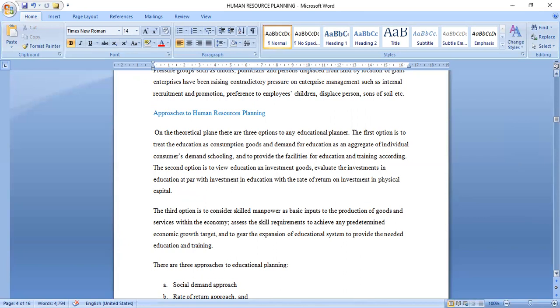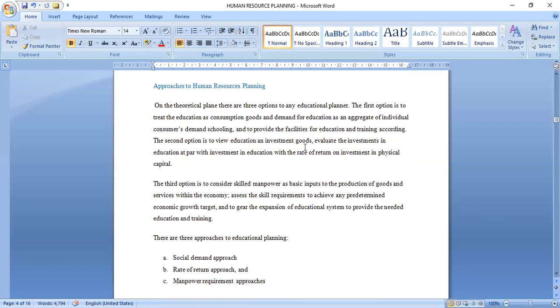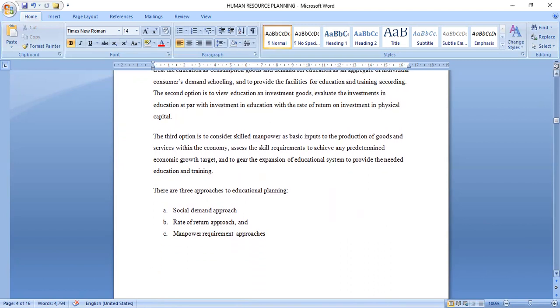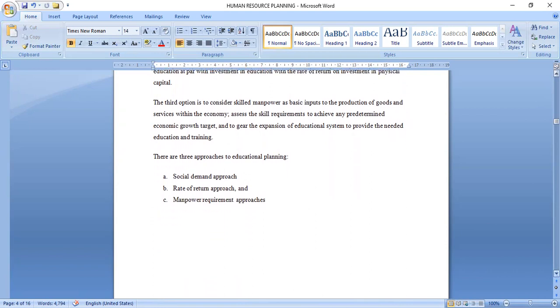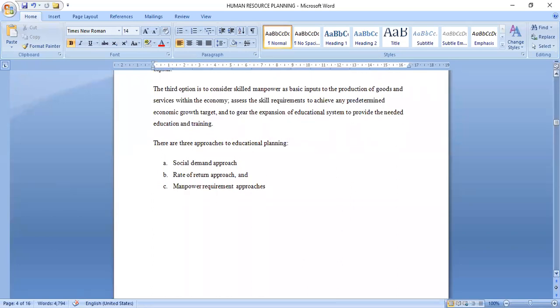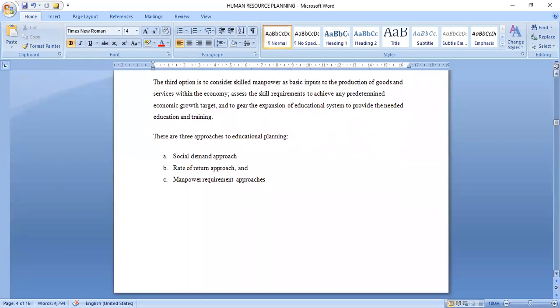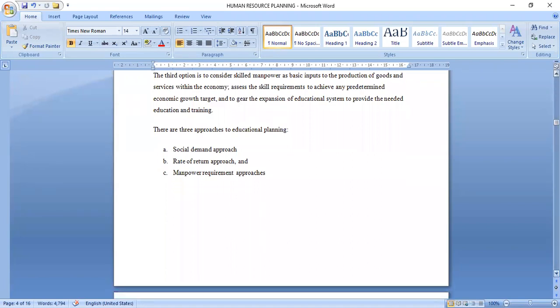We should be able to treat education as an investment. And then also we should be able to consider skilled manpower as important in the production of goods and services.